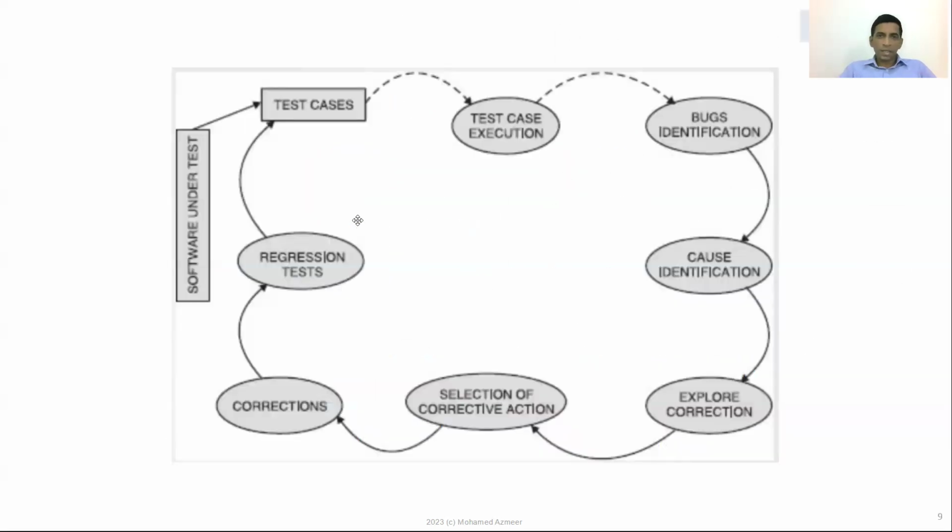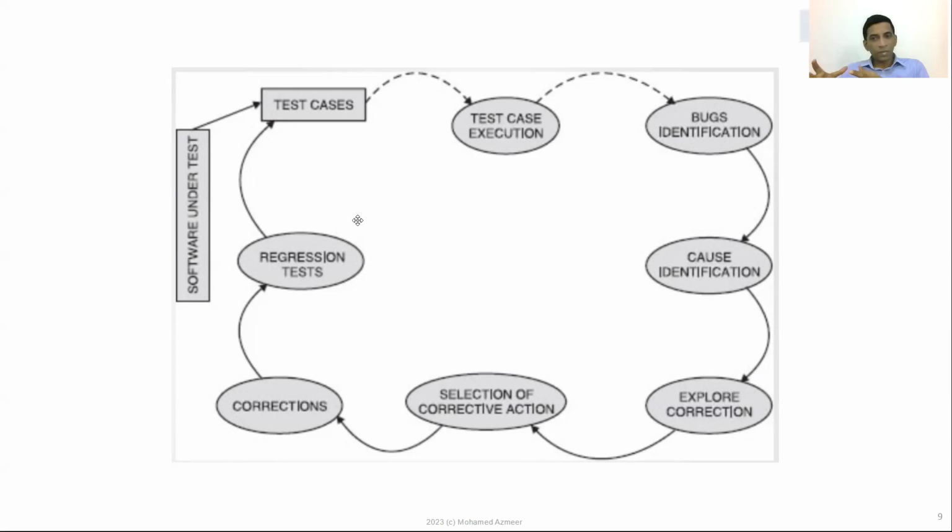So this chart essentially shows the flow. So we start with the software under test, right? And so, of course, we start with some test cases and we run the test case, we execute the test case, we look at the bugs. If there are any, we identify the bug. Then we try to find out the reason or the cause identification.